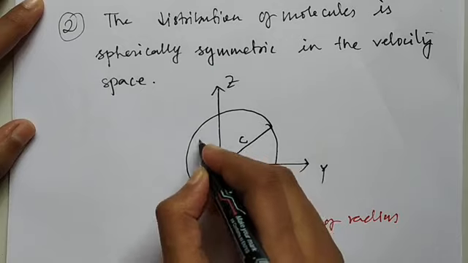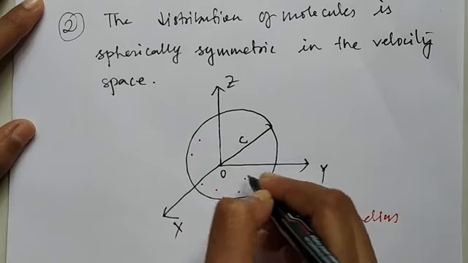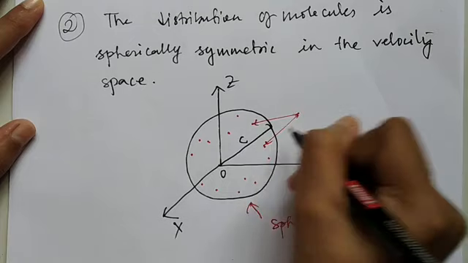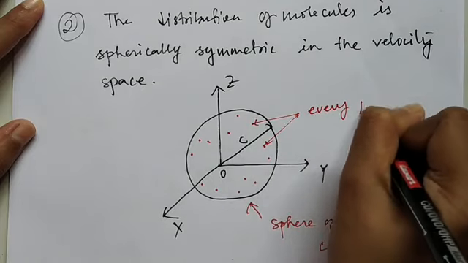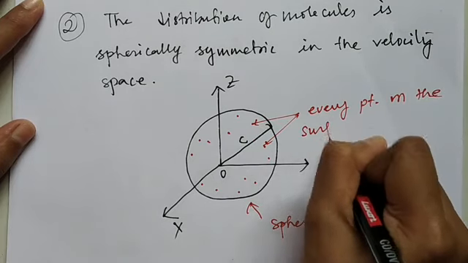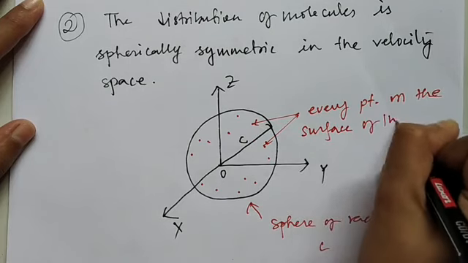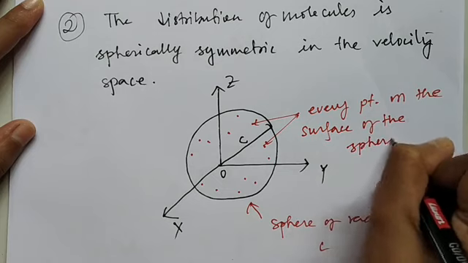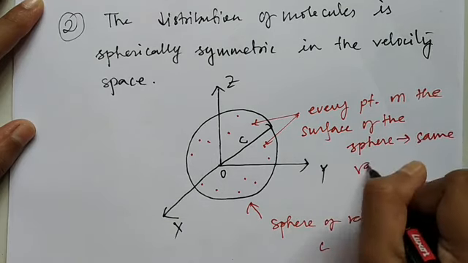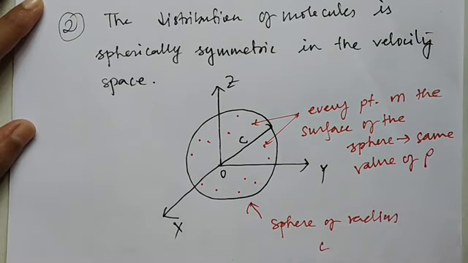Every point on the surface of this sphere has the same value of number density, which is rho.